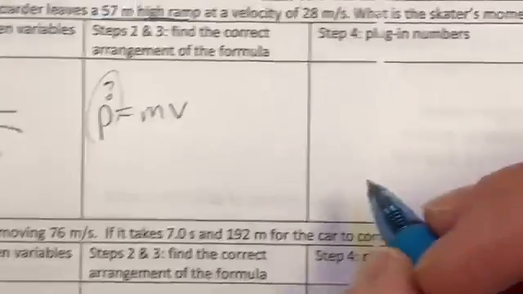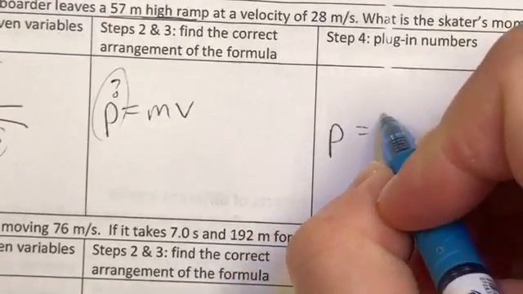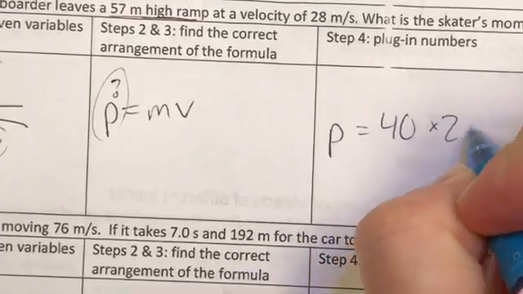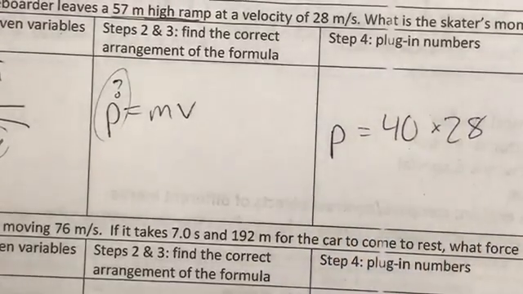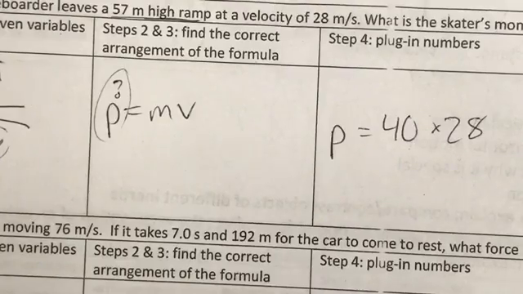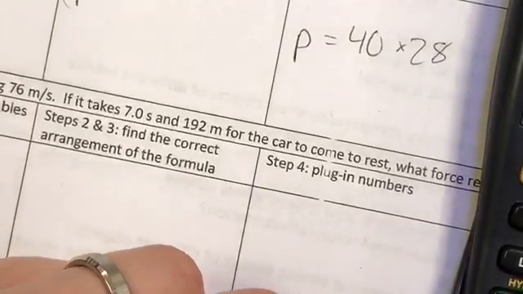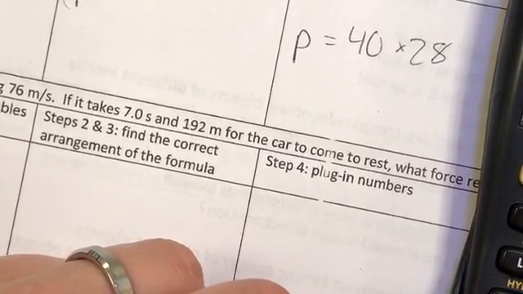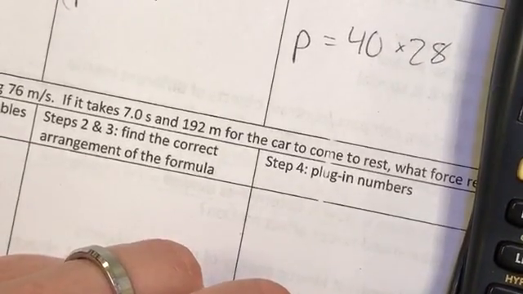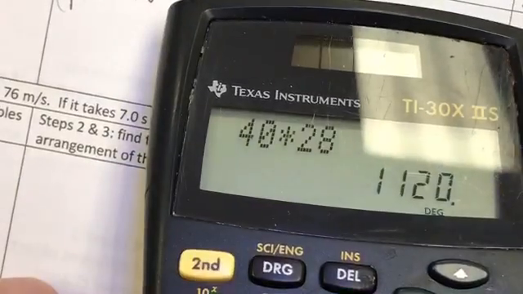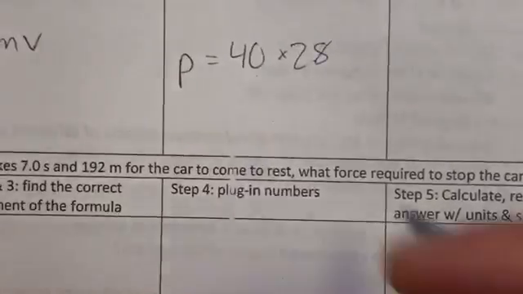No, I do not. So I can just plug in my numbers. So momentum is the mass of 40 kilograms multiplied by the velocity of 28 meters per second. 40 times 28 gives us 1,120.